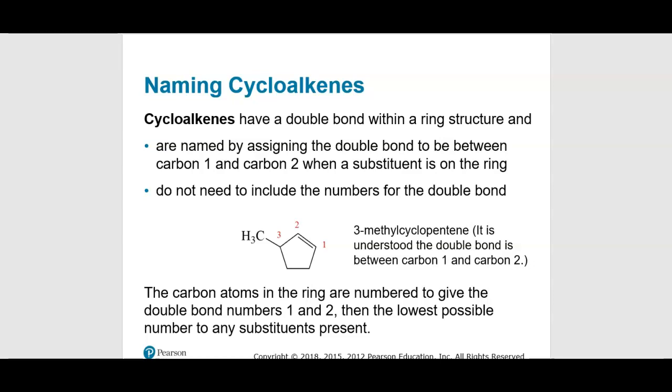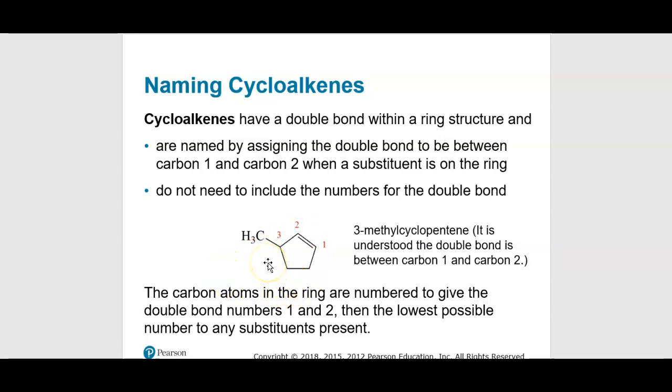And the 1 and 2 carbons are going to be with the double bond. The number that you assign to the methyl group, you assign it through the double bond. So this is going to be 3-methylcyclopentene.